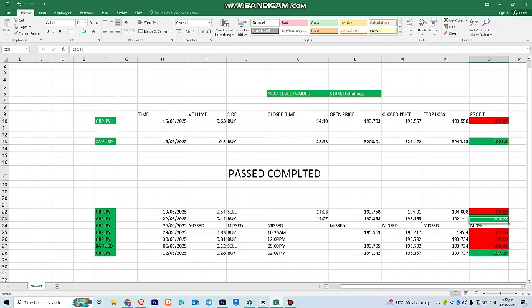And I've won two trades. This is 238. This is 192. Almost $400. And I've lost four trades.